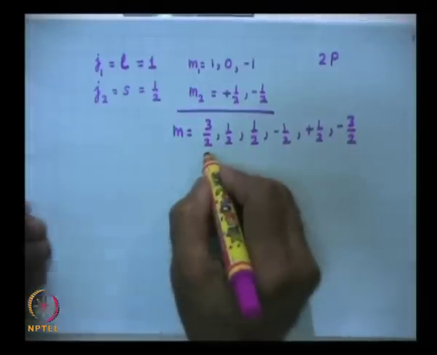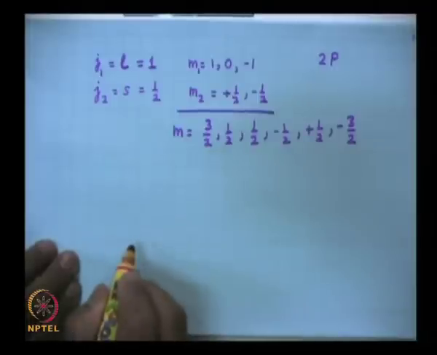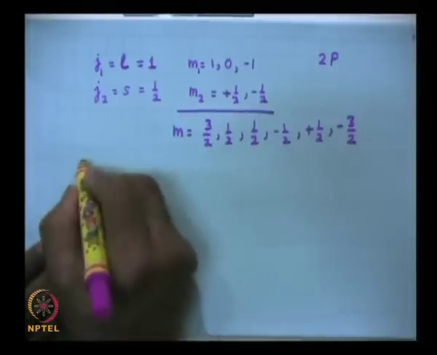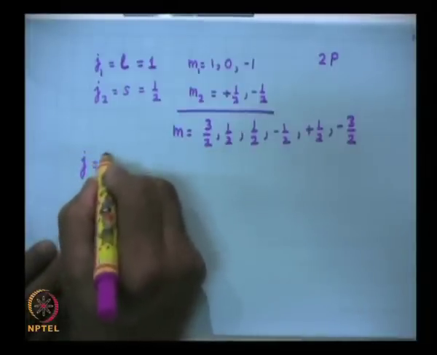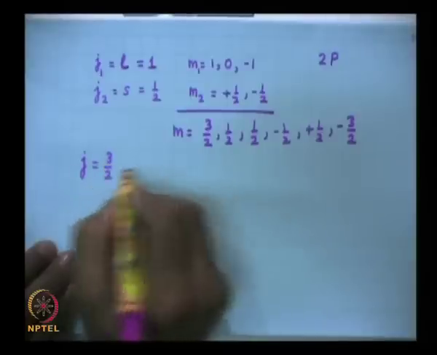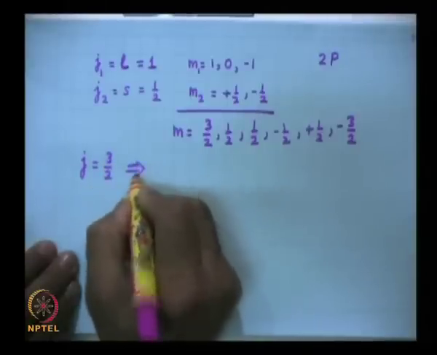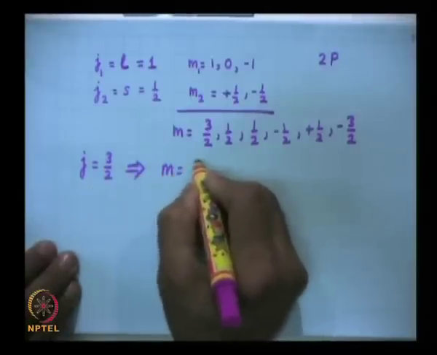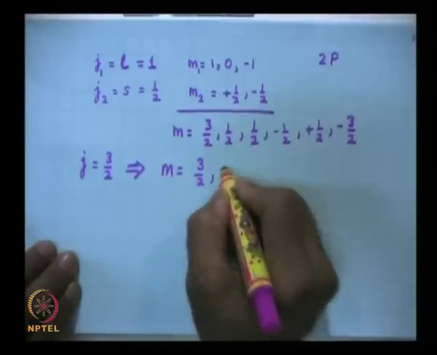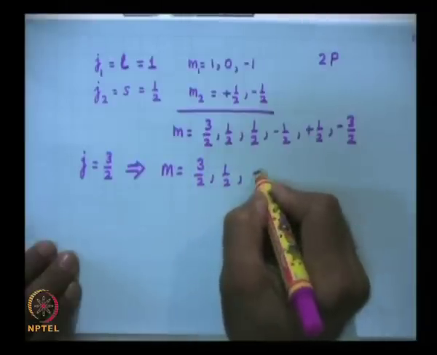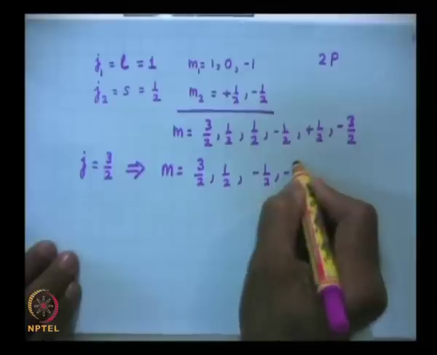So, the maximum value of m is 3 by 2. So, the maximum value of j is 3 by 2, for which we will have m equal to 3 by 2, half, minus half and minus 3 by 2.